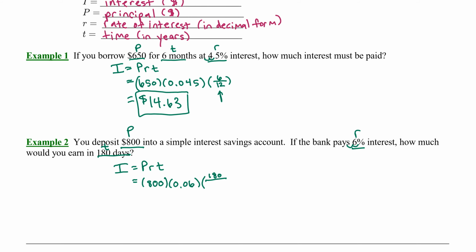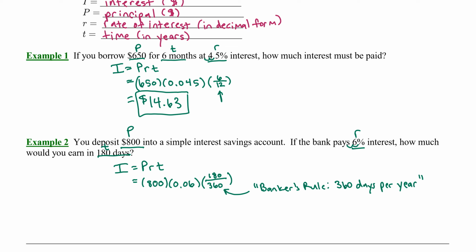But that's not quite the case. We're actually going to divide by 360. This is called the banker's rule. We use 360 days per year. Okay, that way they don't have to pay you interest on holidays and stuff like that. Makes a very simple calculation.